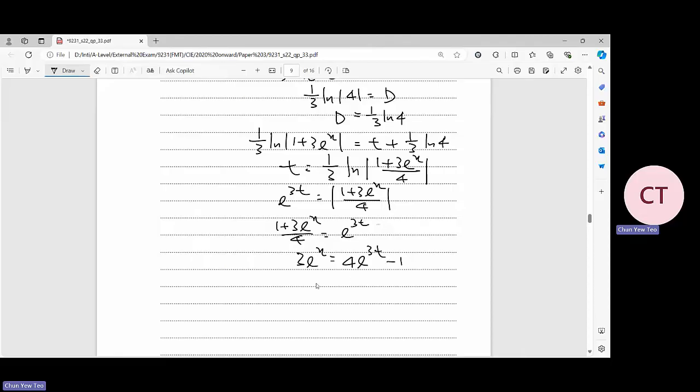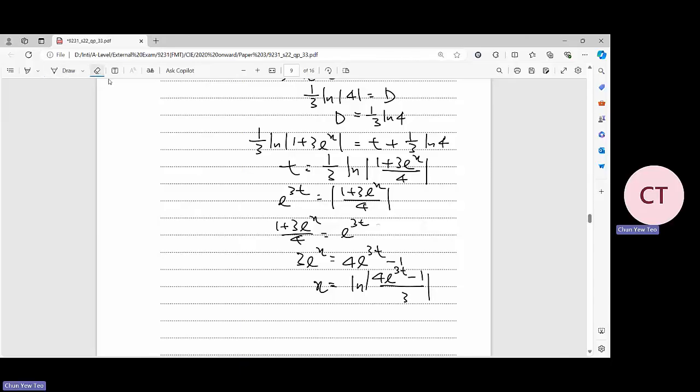Okay, then x equal to 0. Then after that, your x will be equal to ln of 4e power 3t minus 1, over 3.